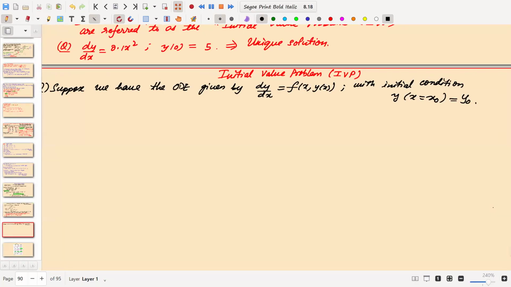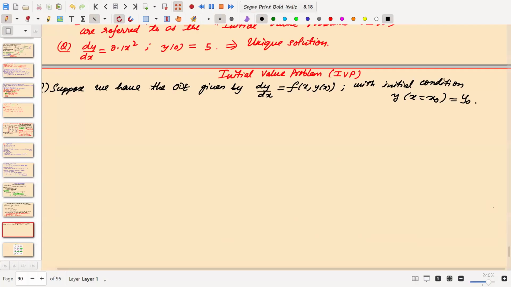So what will happen? What is guaranteed to us? The guarantee we have is it will have a unique solution. Since the initial condition is already fixed, it will have a unique solution. That's what we learned in our previous slide.